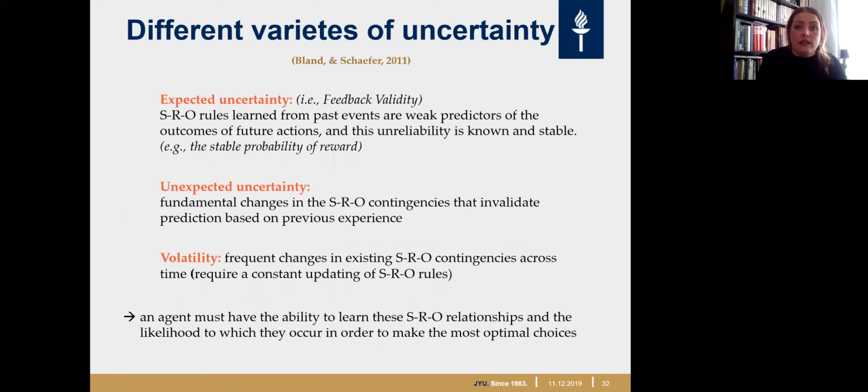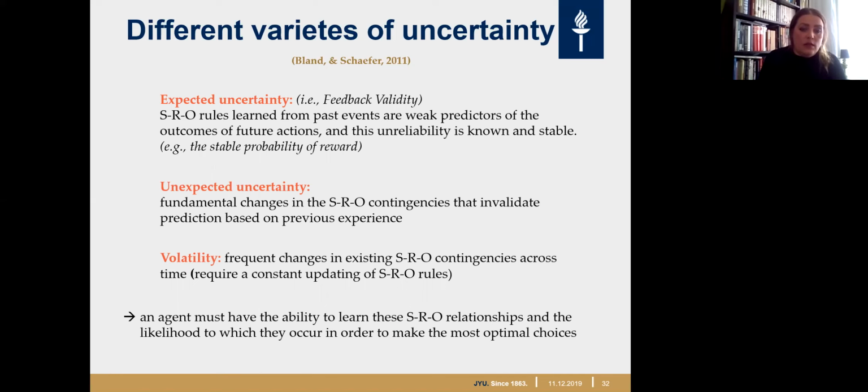Different varieties of uncertainty are these ones: expected uncertainty, SRO rules, so stimulus response outcome rules from past events are weak predictors of the outcomes of future actions, and this unreliability is known and stable. So there's insecurity, but it's anticipated. Then unexpected uncertainty.